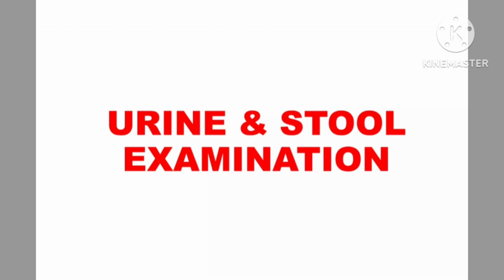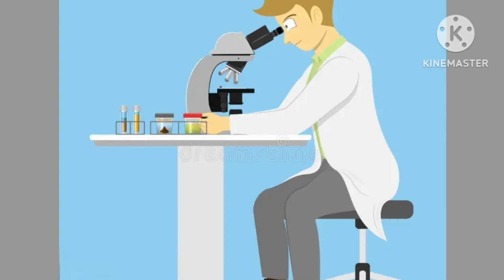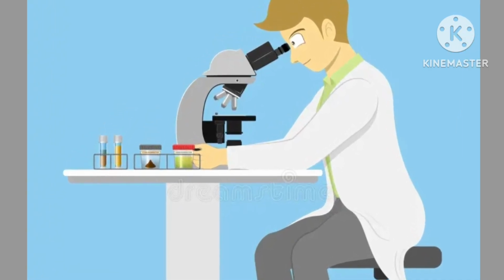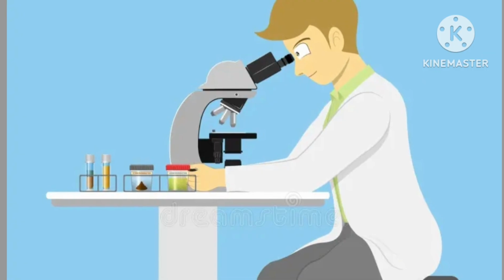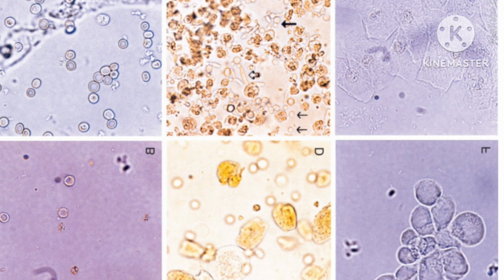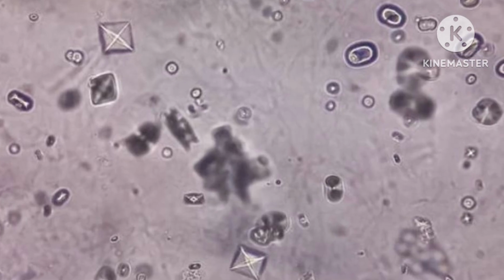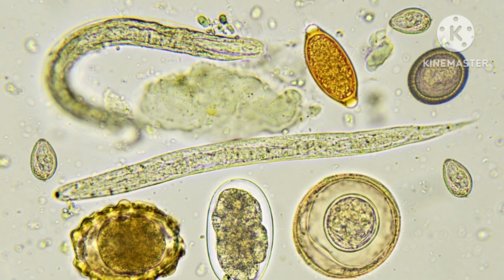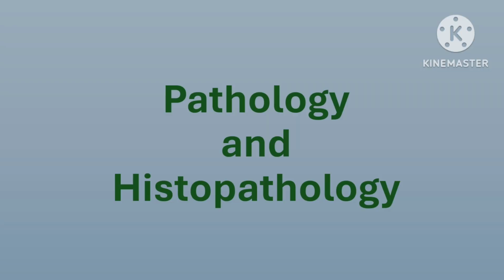Urine and stool examination. In routine lab practice, urine and stool are also examined microscopically. In urine, we may look for pus cells, red blood cells, epithelial cells, crystals, casts. In stool, we may look for ova, cysts, and parasites.